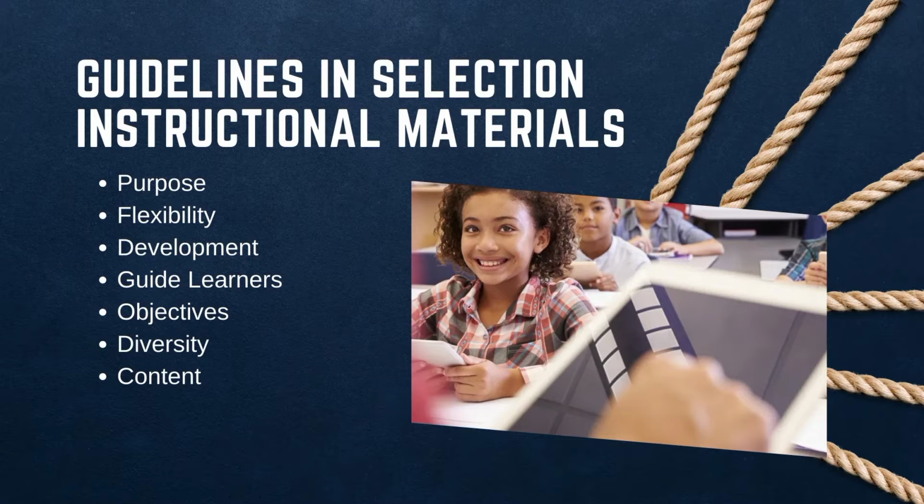Your instructional materials should not discriminate, and should cater to all of the students that you are handling, meeting the needs of all students. Next is content. The content of your instructional materials should align to your objective or to the lessons that you want your students to understand.